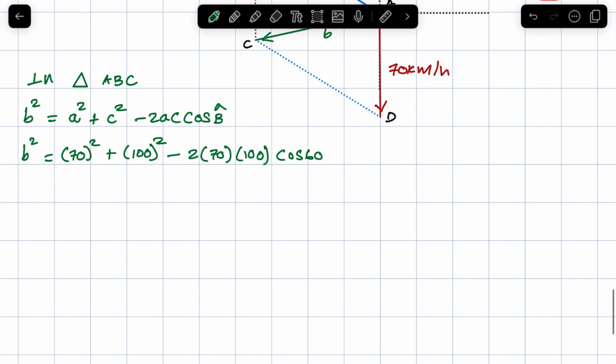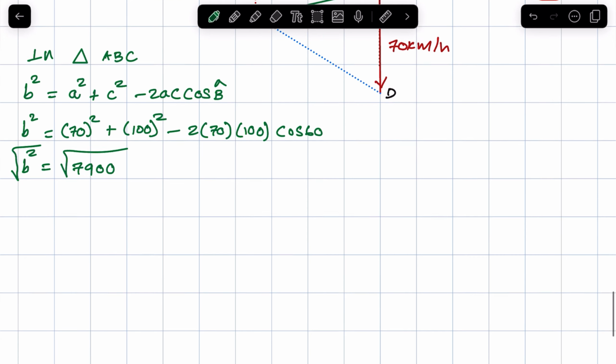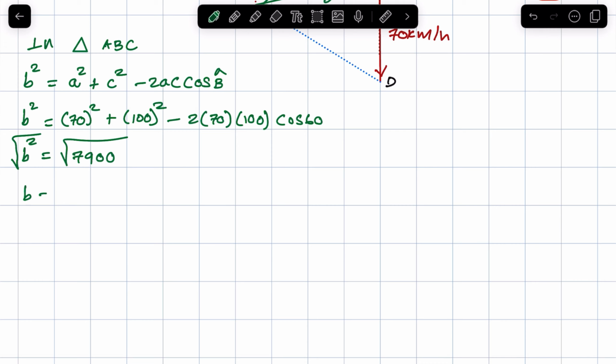If you punch this in your calculators, you're going to get 7,900. Because we're looking for B, apply the square root to both sides, and B, if you punch this in your calculators, you're going to get 88.882 kilometers per hour.